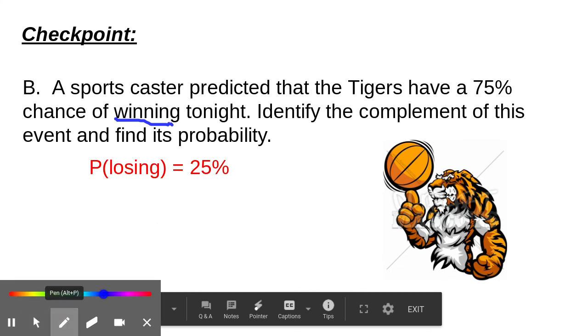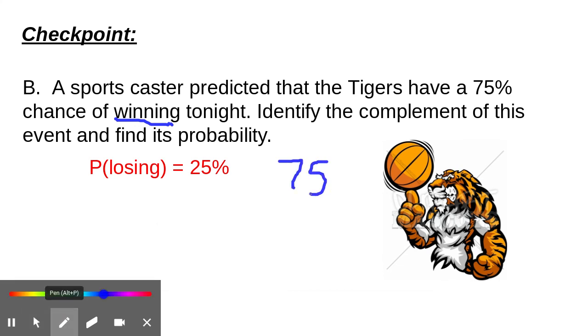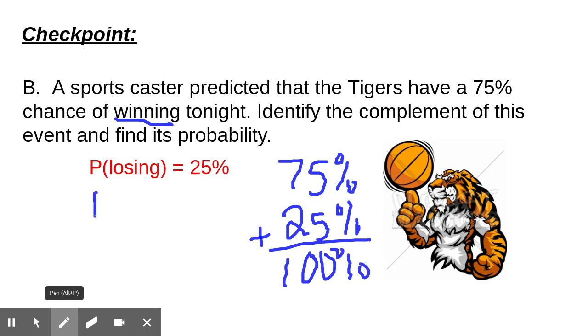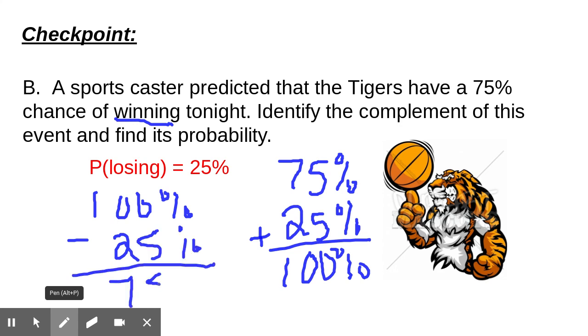And how did I get the 25%? If it's a 75% chance of winning, there's a 25% chance of losing because those add up to 100%. Or you could take 100% minus the 75%, and that gives you the 25% complement.